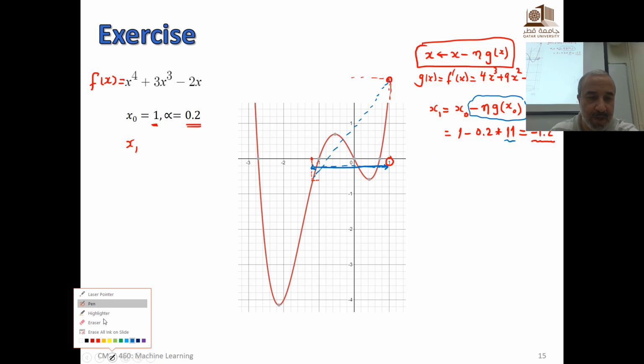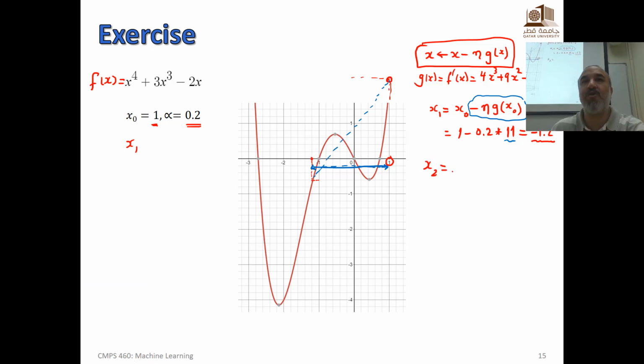Can someone do it with me? How can we compute x2? We will apply the same equation again, right? So can you represent x2 in terms of x1? X1 minus the learning rate times the gradient at x1.